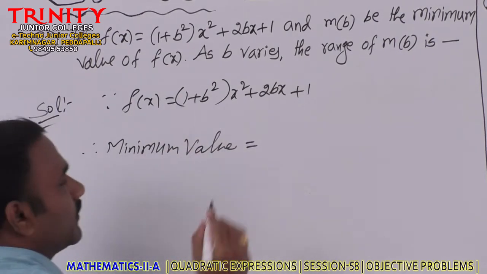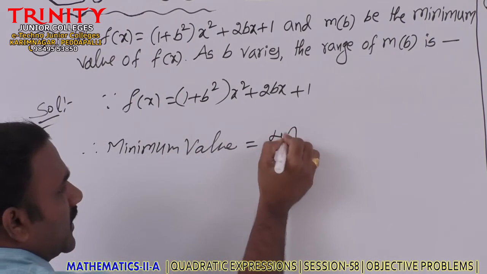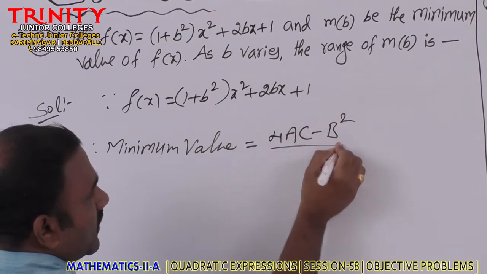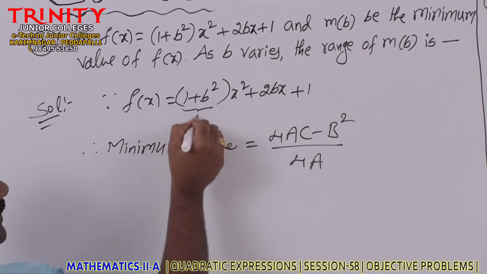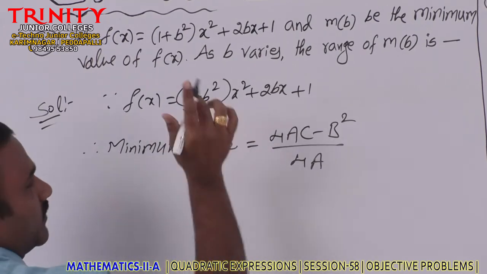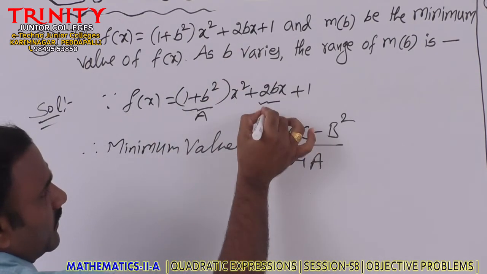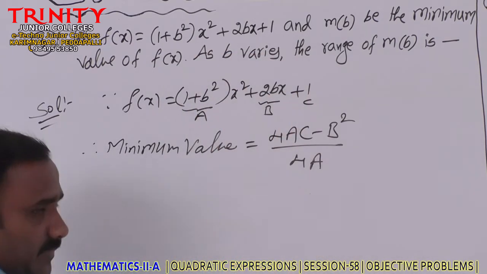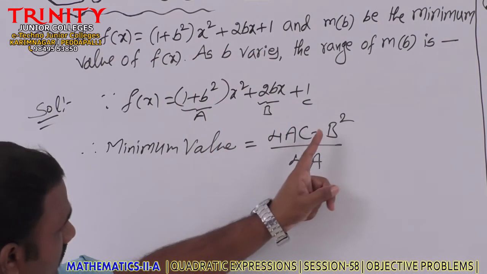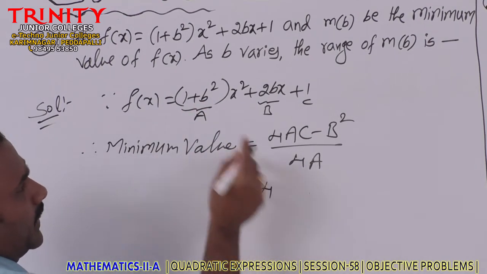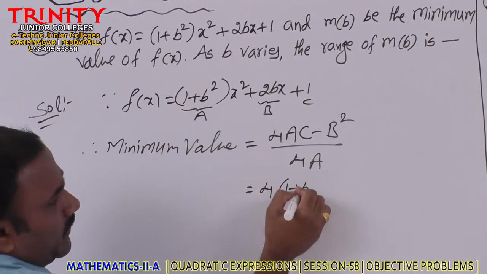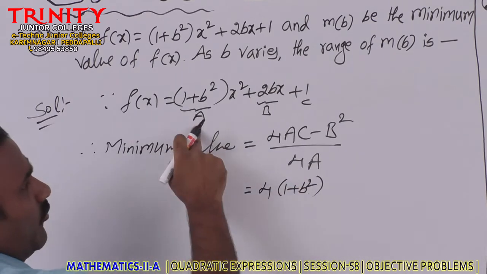What is the condition? 4ac minus b square by 4a. Here, this is a x square plus b x plus c. Right? 4ac minus b square by 4a, with 4a being 4 into 1 plus b square.